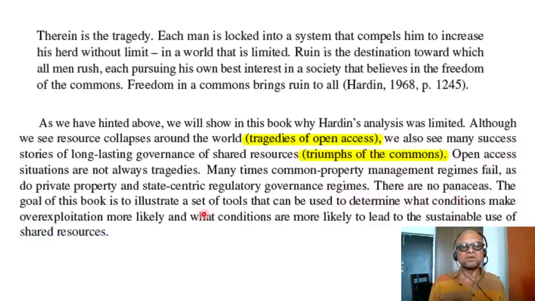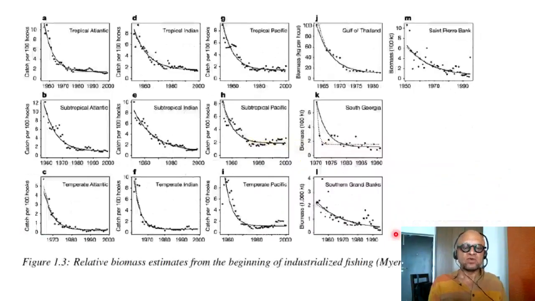The goal of this book is to illustrate a set of tools that can be used to determine what conditions make overexploitation more likely and what conditions are more likely to lead to the sustainable use of shared resources. So if you have tools and typologies which can be applied to different commons, then we have a way forward in managing sustainable exploitation of resources.